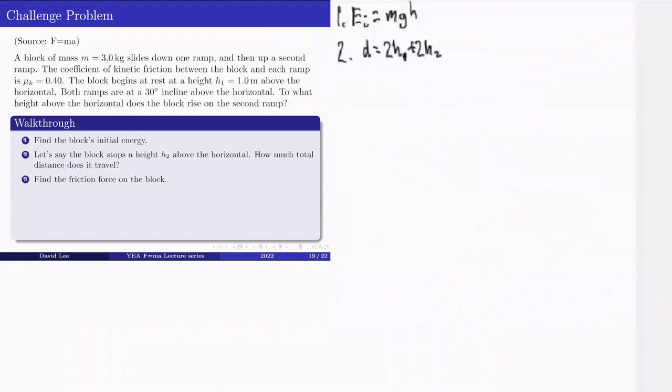Now we want to find the force of friction on the block. Okay, so let's start out by drawing a picture and a force diagram.